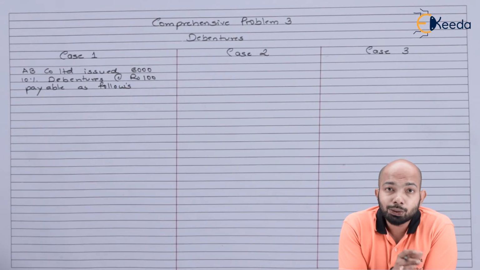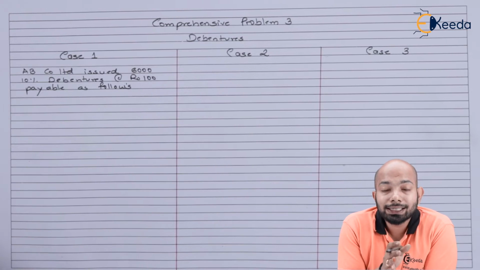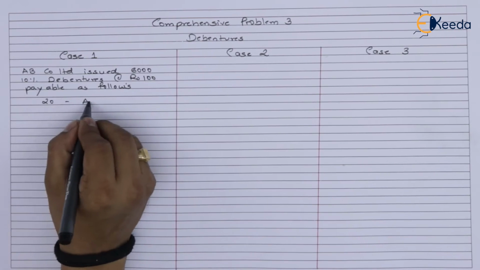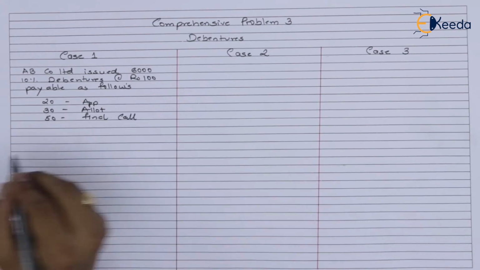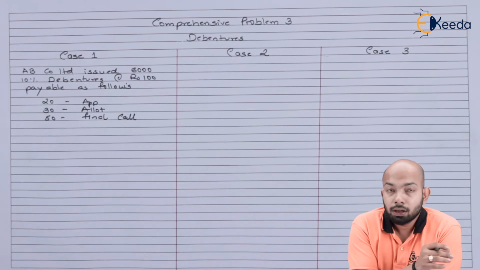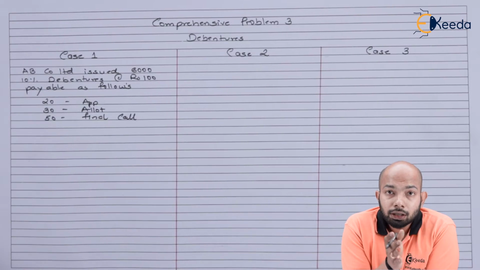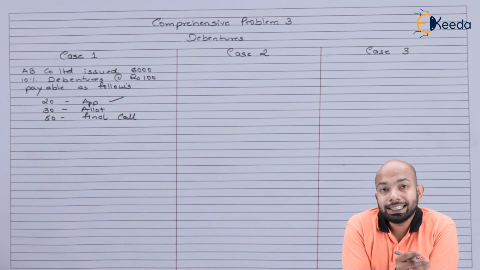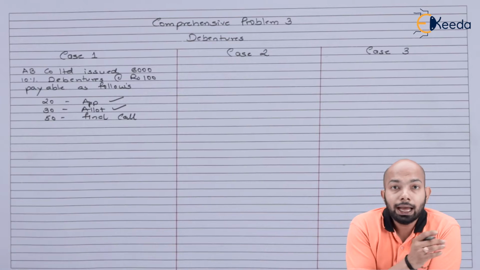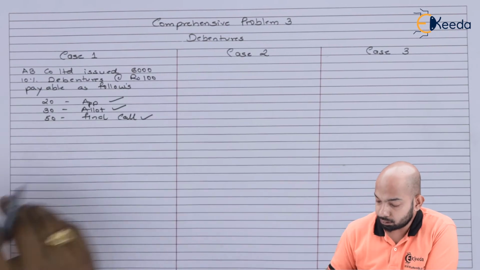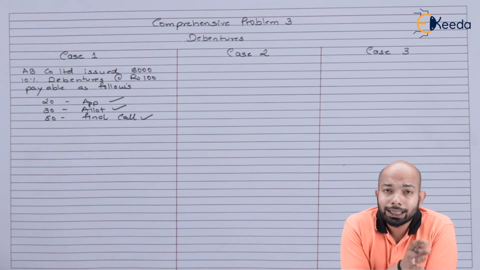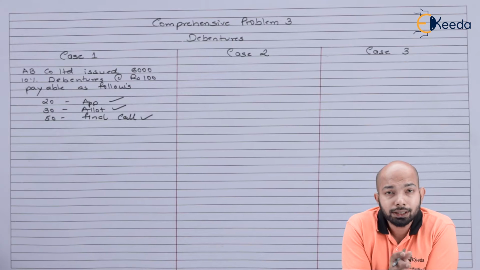Now, the first case refers to AB Company Limited, which issued 6,000 10% debentures of rupees 100 each, payable as follows: 20 on application, 30 on allotment, and 50 on final call. So AB Company has issued these debentures. Now in all these case studies, we'll understand certain calls in arrears.